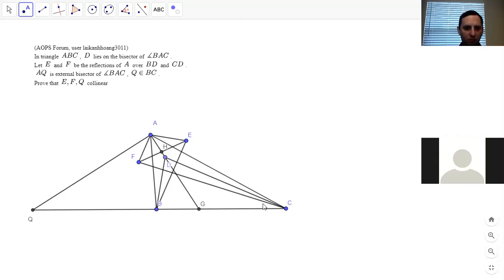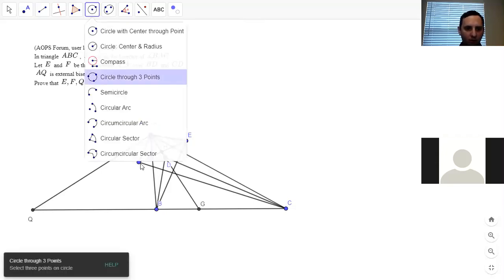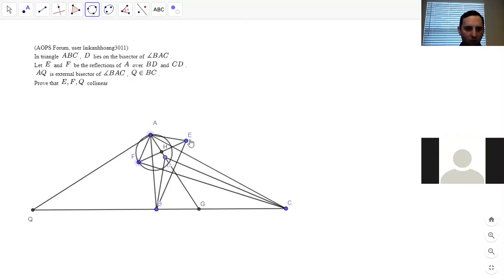AQ is tangent to the circle through A, E, and F. Okay. So that might help. So yeah, then maybe it's like power of a point somehow. Is that kind of just an angle chase? Looks like it.